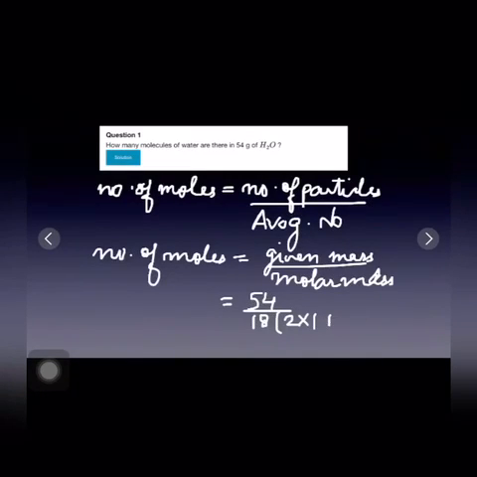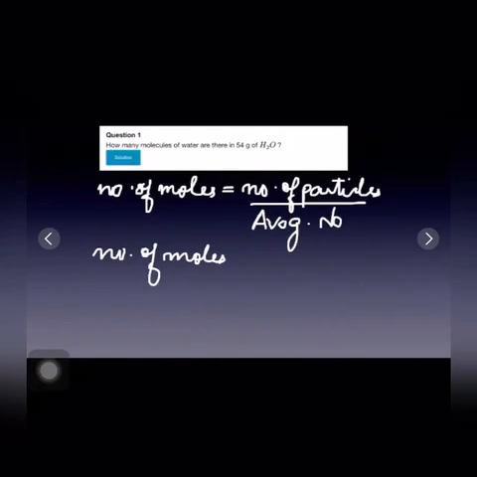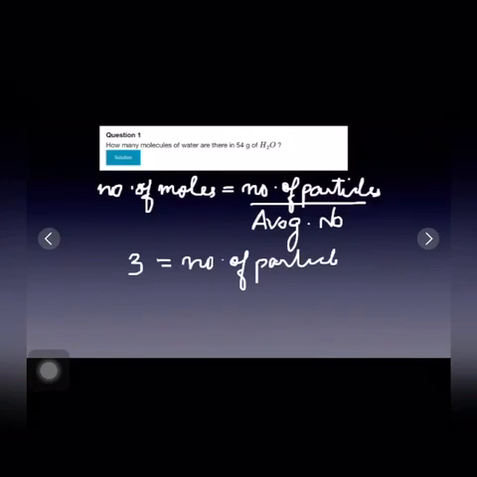So number of moles we have calculated as 3. So 3 equals number of particles upon Avogadro number, which is 6.022 into 10 raised to the power 23.